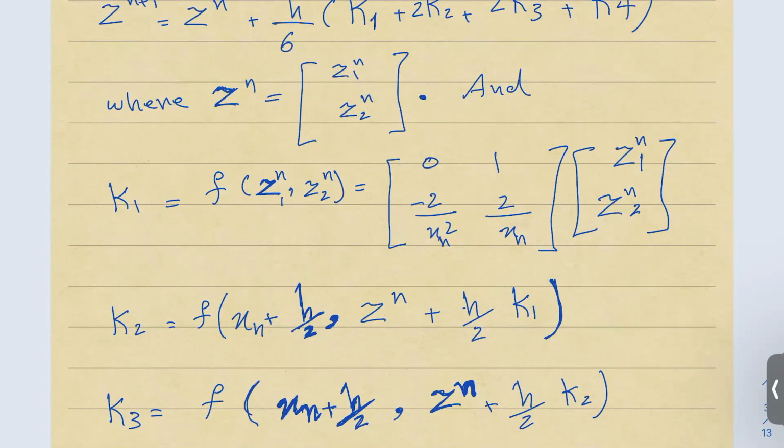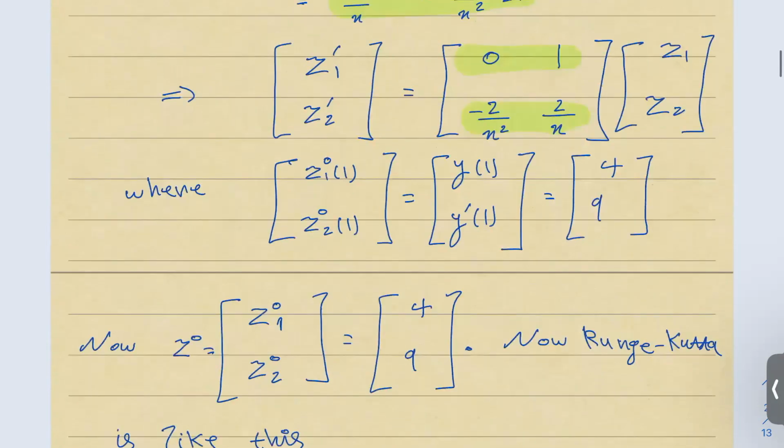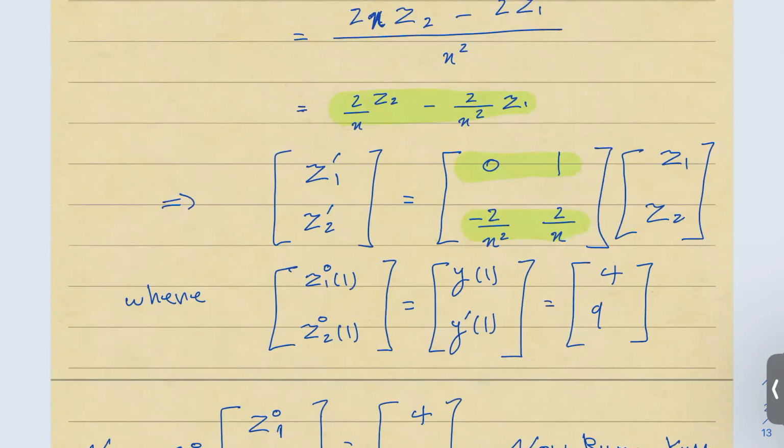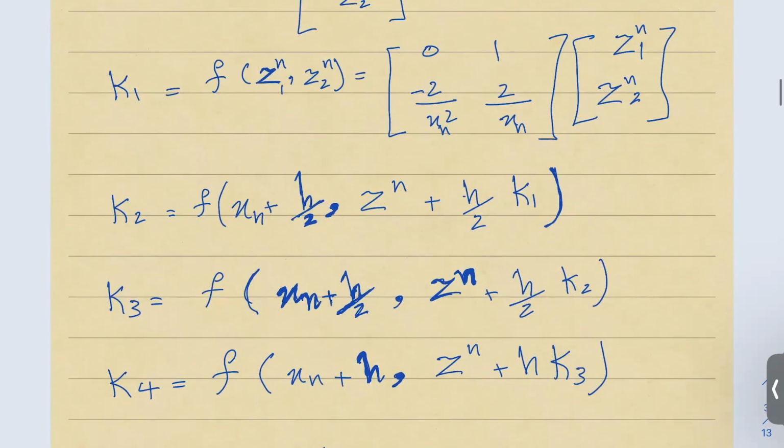So this is F, and F is written here. Instead of this xn, you will substitute xn plus h over 2.